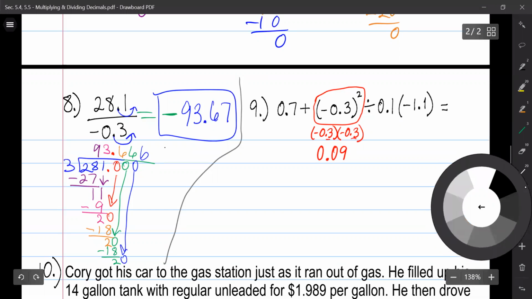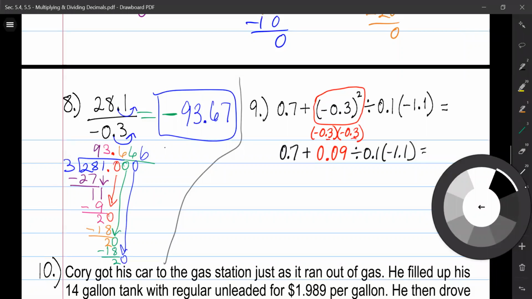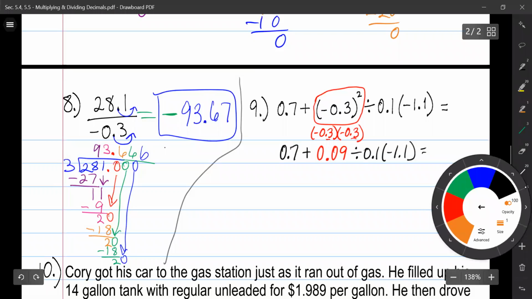All right, and then I'm just going to bring everything else down. So I have 0.7 plus 0.09 divided by 0.1 times negative 1.1. All right, so the next thing I need to do is any multiplication and or division in order as they appear from left to right in the problem.